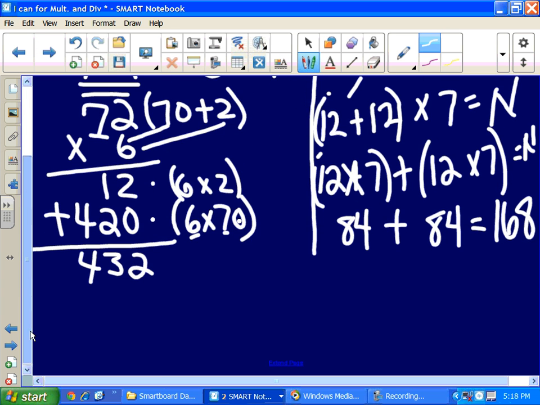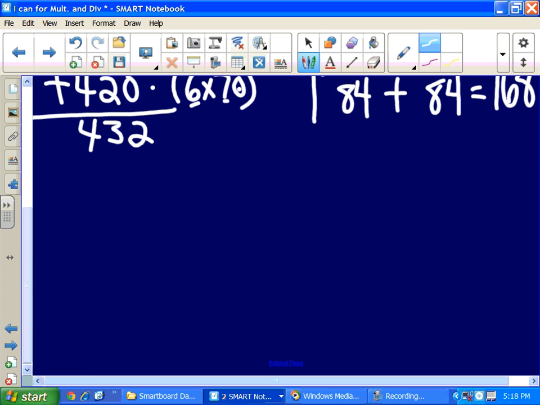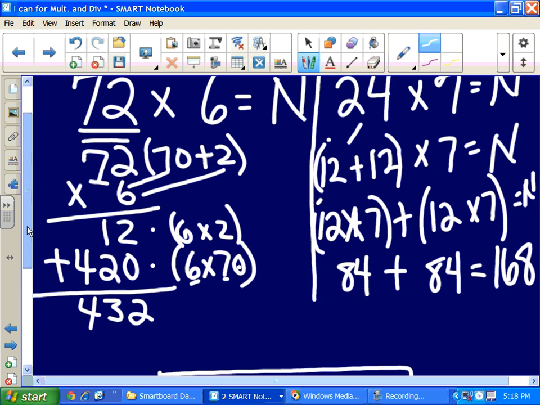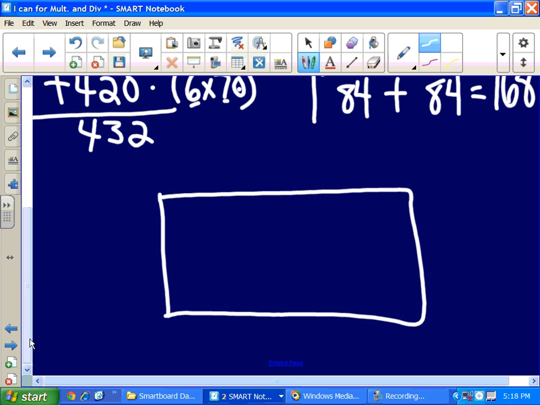And of course, the open array model, okay, we'll take that same problem that we just did, 24 times 7, so we've got 7 rows of 24. So we can go 1, 2, 3, 4, 5, 6, 7, 7 along this side, and then this will be 10, 20, and then 1, 2, 3, 4.